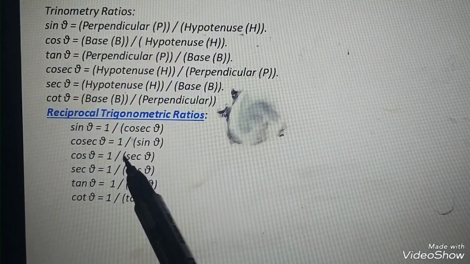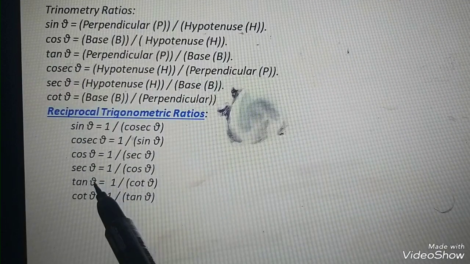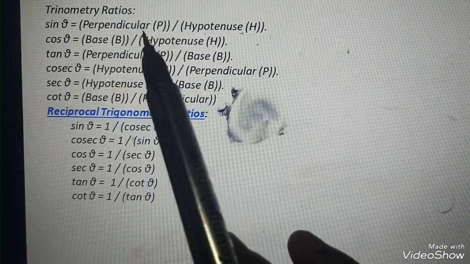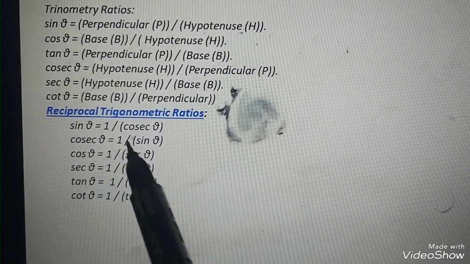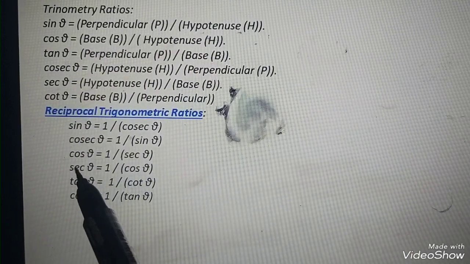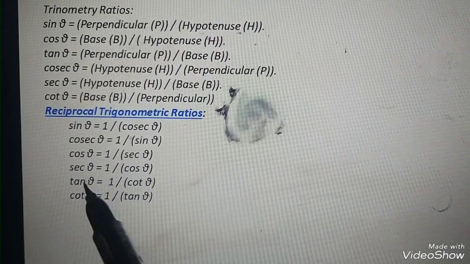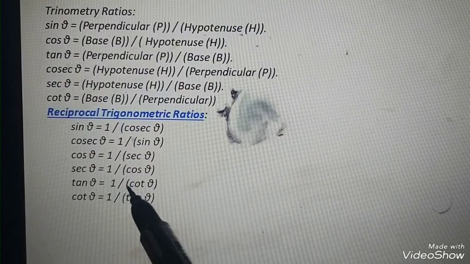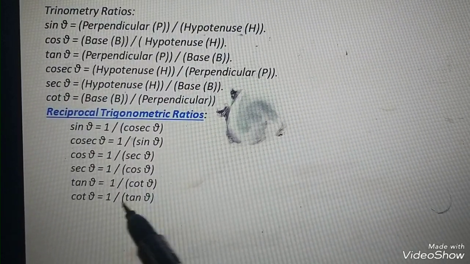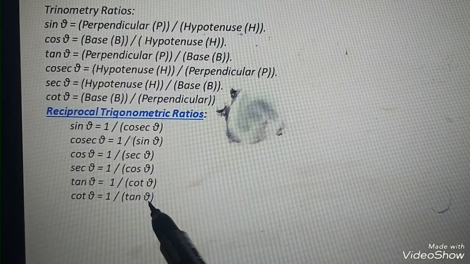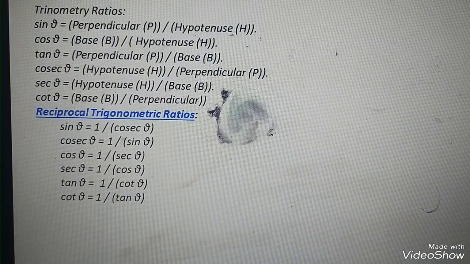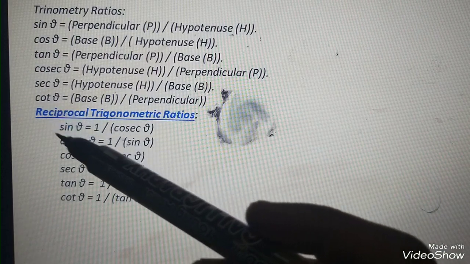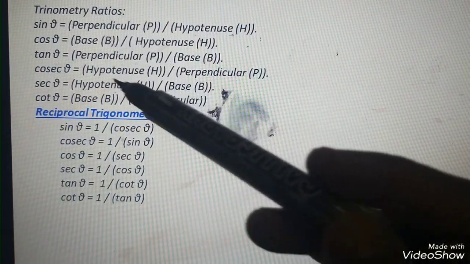Cos theta is 1 by sec theta, and sec theta is 1 by cos theta. Tan theta we can write as 1 by cot theta, and cot theta means 1 by tan theta. Like this, these are the ratios and these are the reciprocals of these ratios.